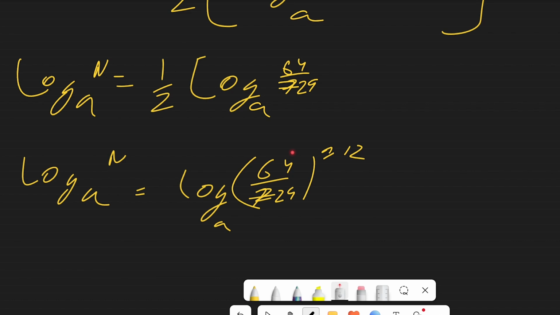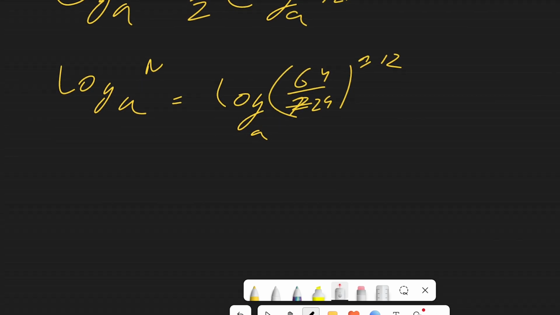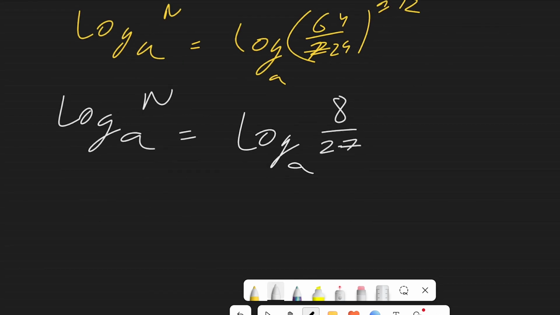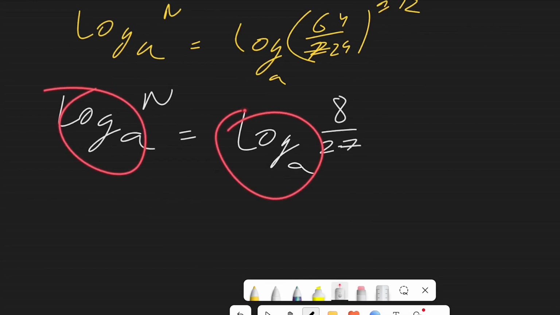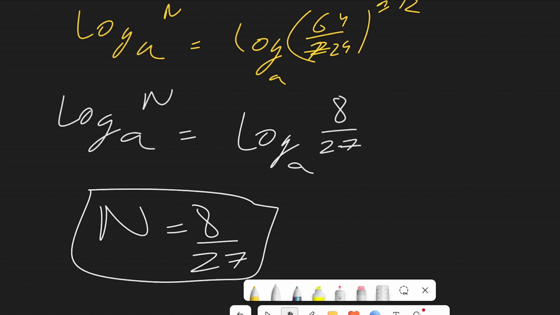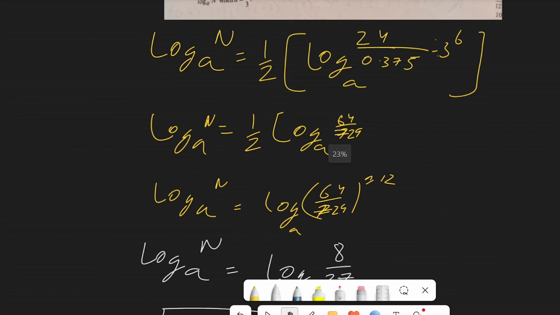Yes, 27 is its square root. So log of n to the base a would be equal to log of 8 over 27 to the base a. Now I can see that log a on both sides could be cancelled out. That means n would be equal to 8 over 27. That is easy stuff.